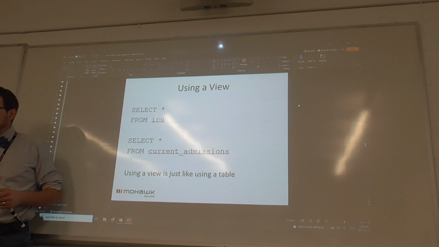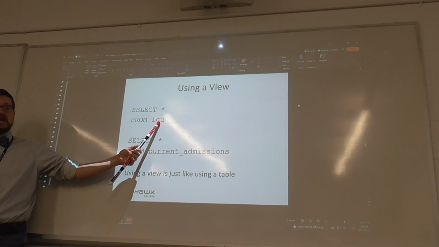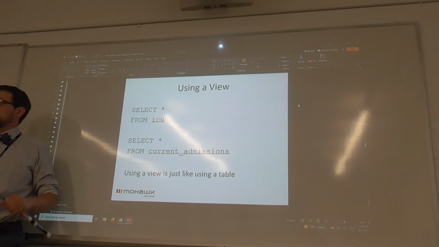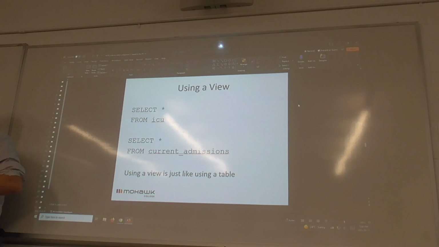To use a view, you simply use the name of the view where you would use the name of a table. They function as tables. Now, what's going on under the hood when you select star from ICU?